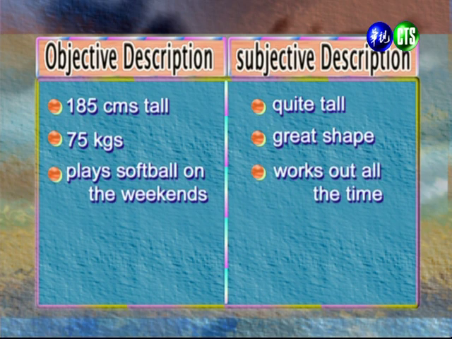In the objective description, you heard plays softball on the weekends. But this became works out all the time in the subjective description. All right, you also heard some information about education.